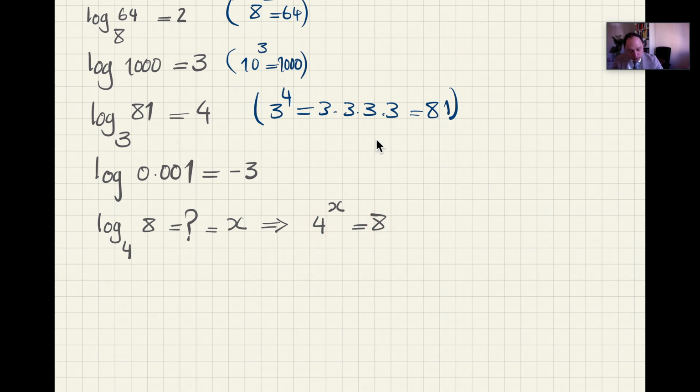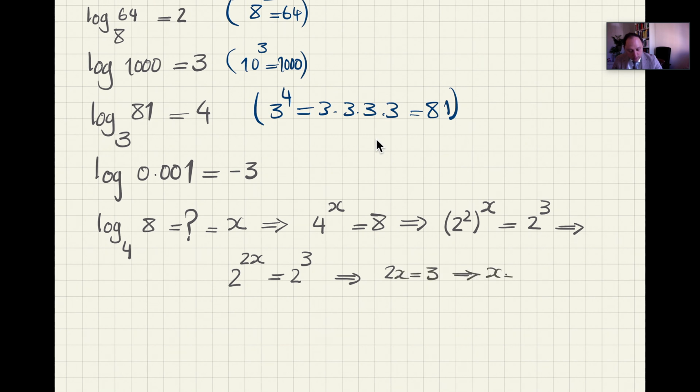So instead of 4, I write 2 squared, with a power of x on top. Instead of 8, I write 2 cubed. It becomes 2 to the power of 2x equals 2 to the power of 3. Then 2x equals 3, and as you said, very good, the answer is 3 over 2.